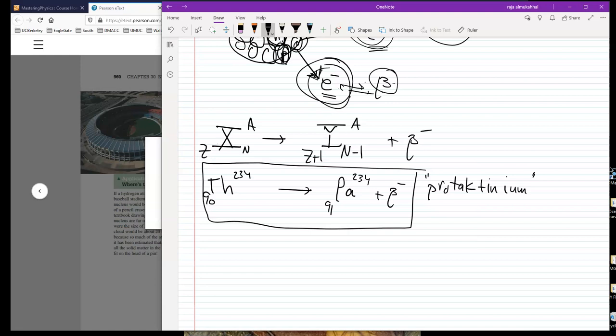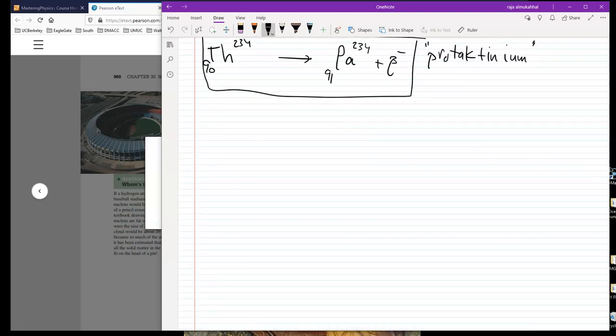So let's have an example with some numbers. I have thorium-234. We're going to do this formula.